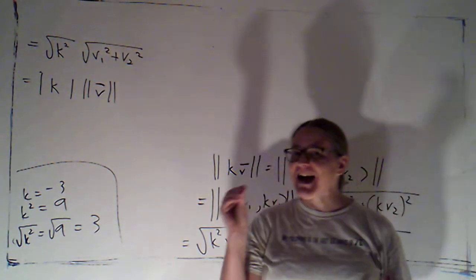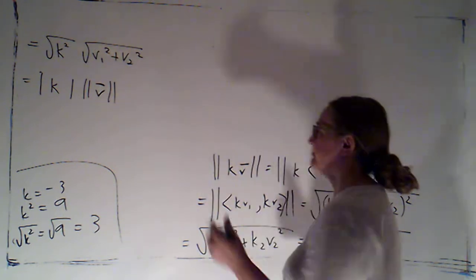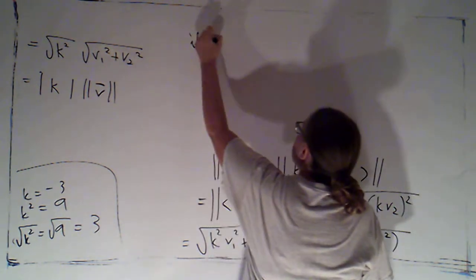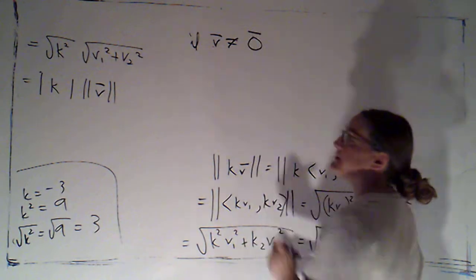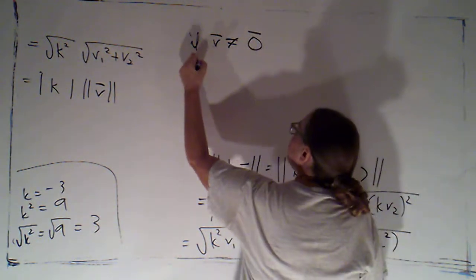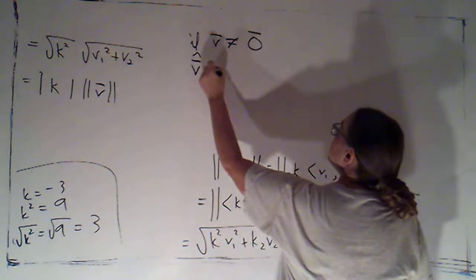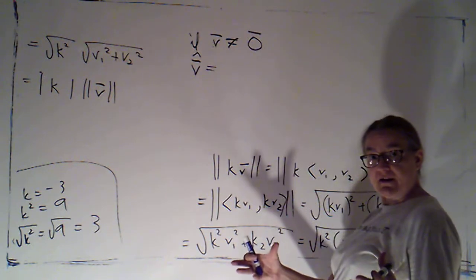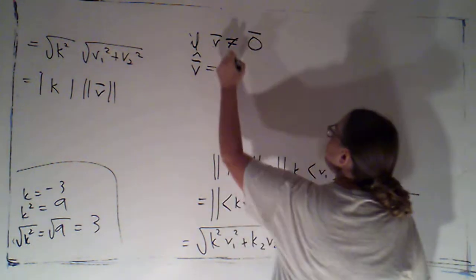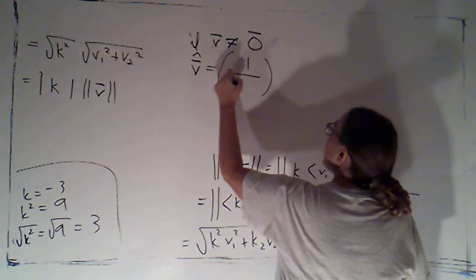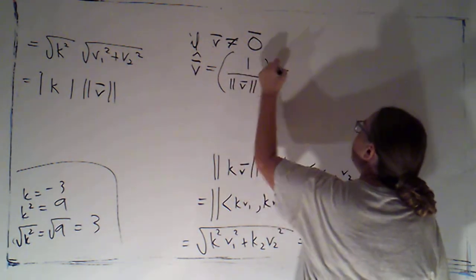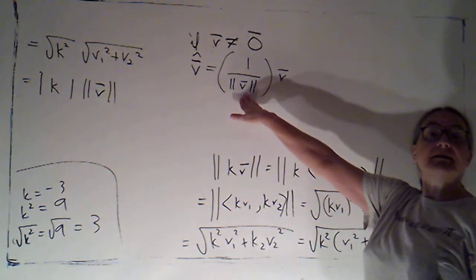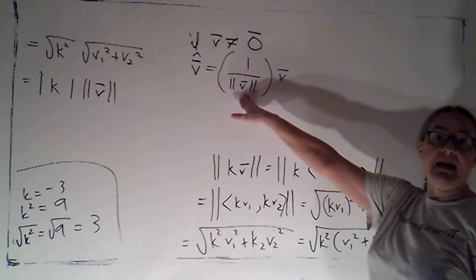So we're taking advantage of that when we use this process of normalizing a vector. If v is not the zero vector, we can define v hat to be the unit vector in the same direction as v. And what we did is we got that by simply scaling v by the reciprocal of its magnitude.